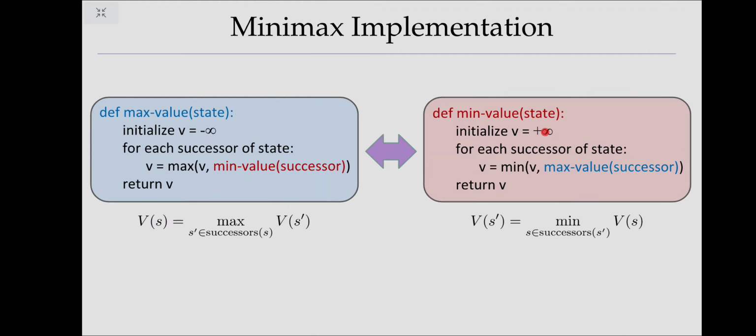Similarly, for the red box, we start with v equal to positive infinity, and in the loop we check all of the successors, because the red box is defined for the min player.